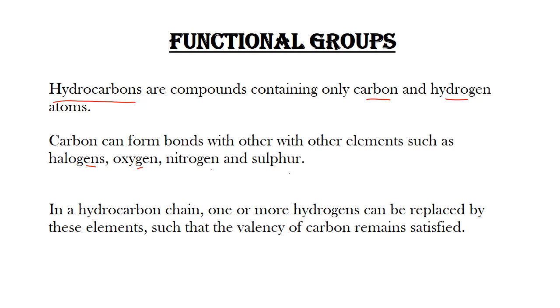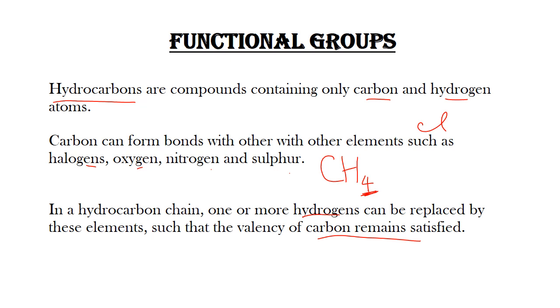When we are replacing the hydrogens, we need to make sure that the valency of carbon remains satisfied. Say, for example, we take methane. We can replace one of the hydrogens here with a halogen, maybe chlorine.